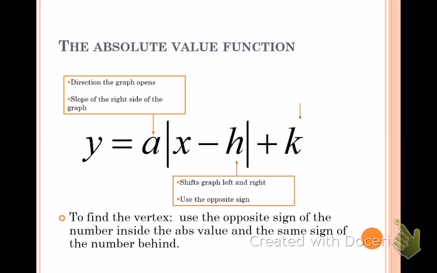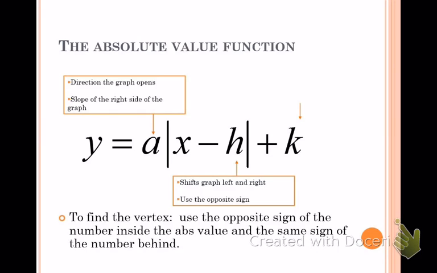H, if you remember from the lab, is what tells us how far the V shifted left or right. So the number inside the absolute value bars is going to tell us which way the graph shifts left or right. The other thing we noticed was that it went in the opposite direction that we thought it would go. If we were subtracting a number inside of there, instead of moving to the left, it actually shifted to the right.